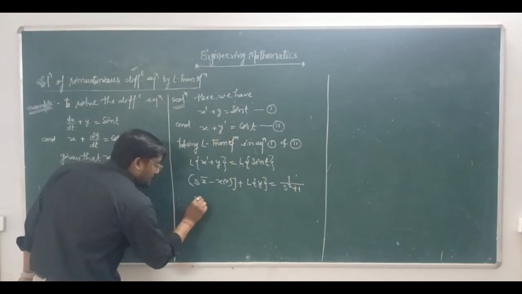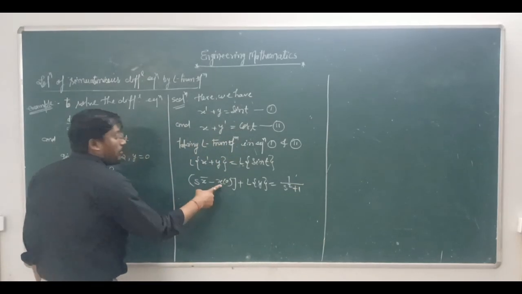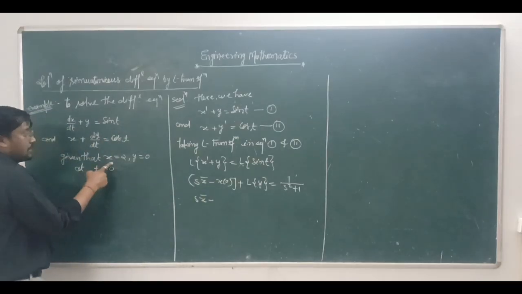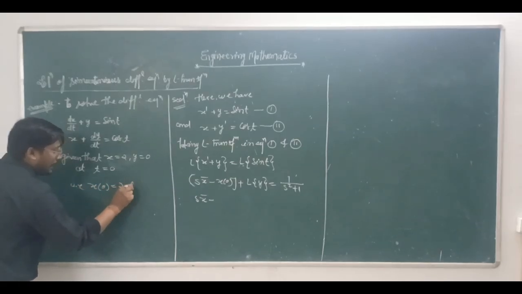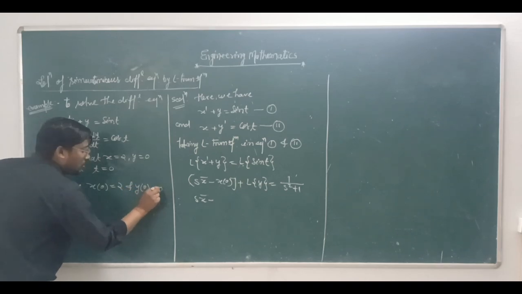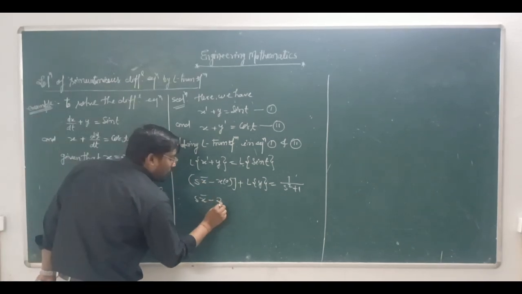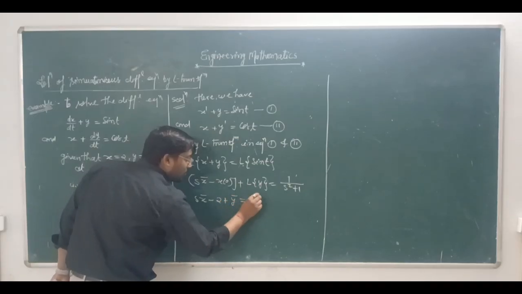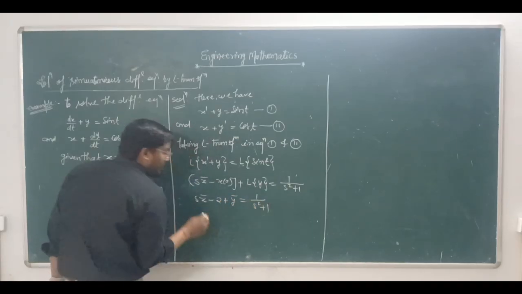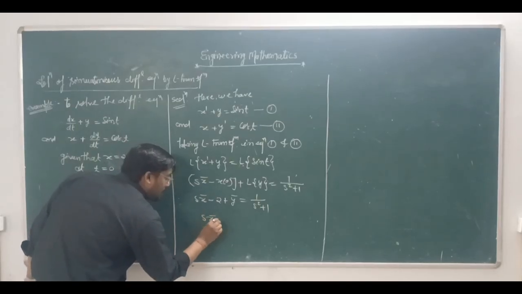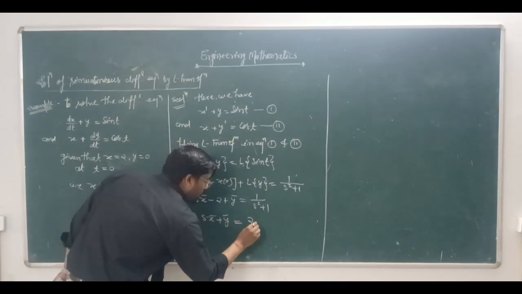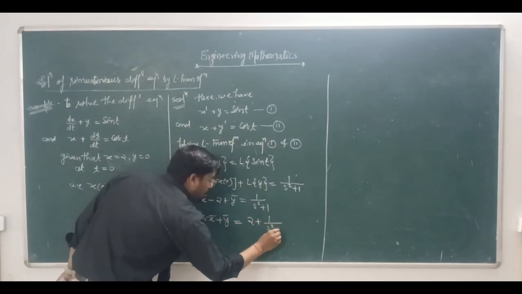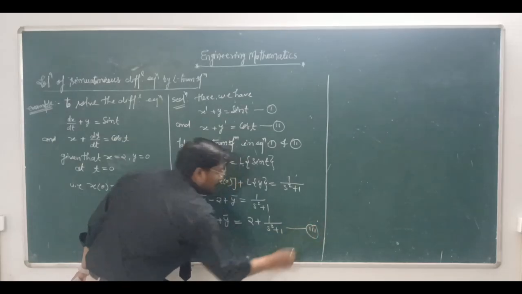Here x0 is equal to 2 and y0 is equal to 0. So s x bar minus 2 plus y bar is equal to 1 upon s square plus 1. Now solving, s x bar plus y bar is equal to 2 plus 1 upon s square plus 1. This is equation number 3rd.